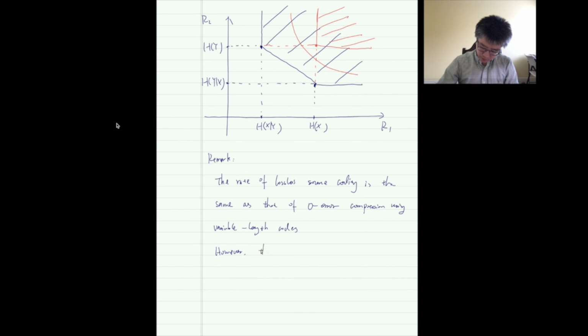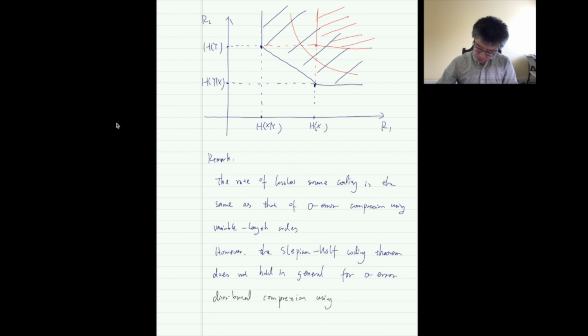The Slepian-Wolf coding theorem does not hold in general for zero-error distributed compression using variable length codes.